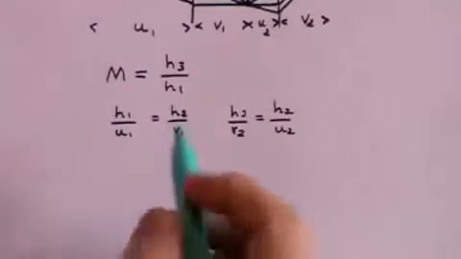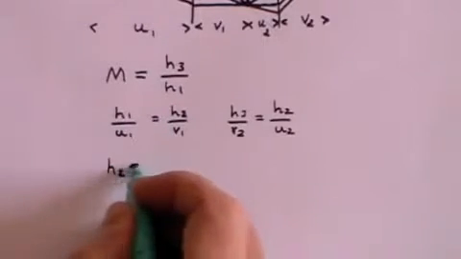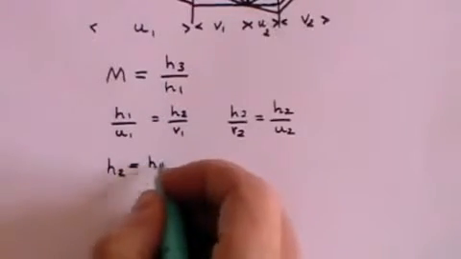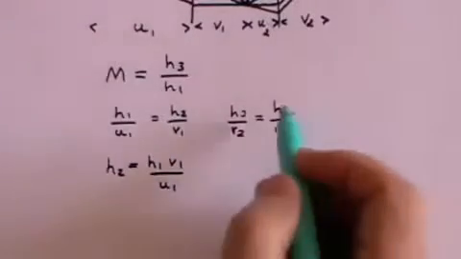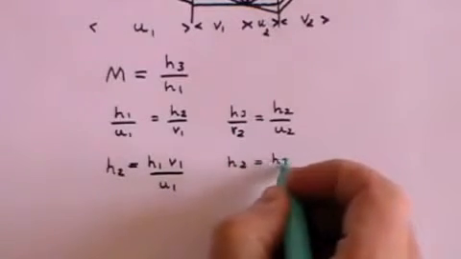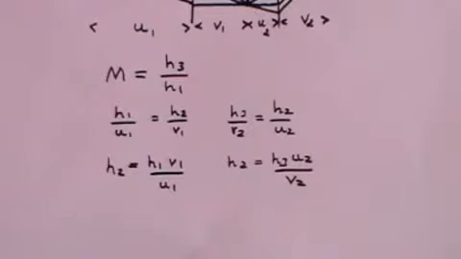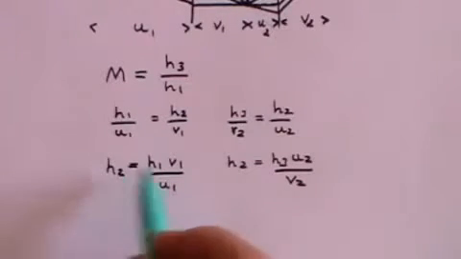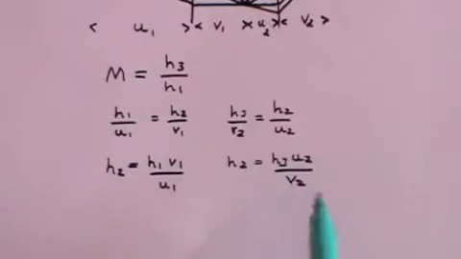Now, from this equation here, I can write that h2 is equal to h1 v1 over u1. And from this equation here, I can write that h2 equals h3 u2 divided by v2. And since h2 equals this and h2 equals that, that term equals that term.